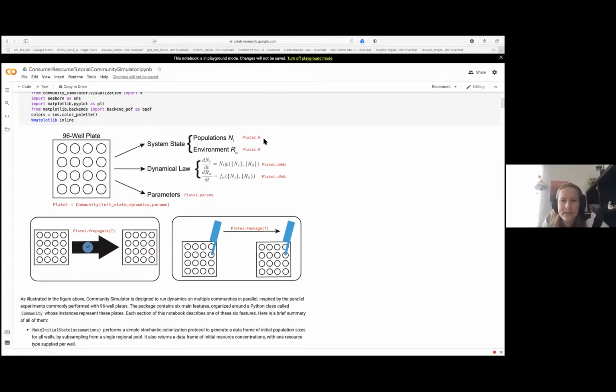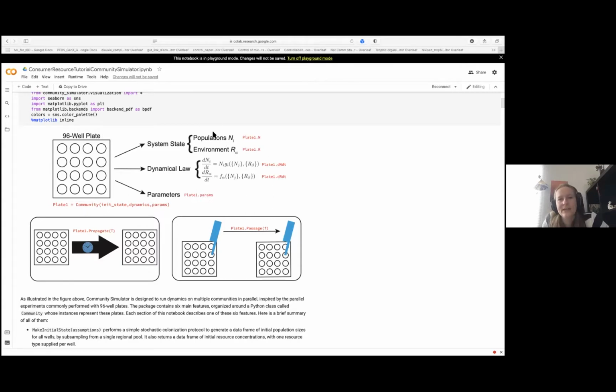So they have classes that are called plates. And they designed it for this typical experimental setup when you have a 96-well plate, and in each well you put some media with some bacteria, and then you propagate it in whatever setting you are studying.